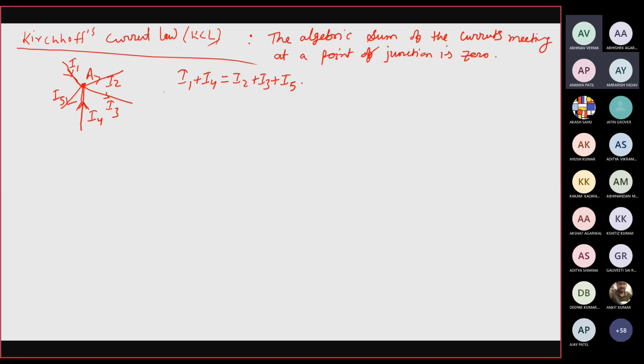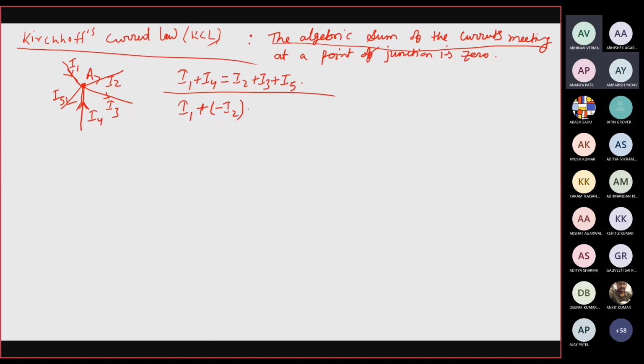Okay. So this is the statement of KCL. Or if you go by this statement, the algebraic sum of the currents at a point or junction is zero, then also you can write it in this way. Suppose this is I1. If we consider the polarity of the current entering the node as positive, then again you will have plus I1, minus I2, because this current is leaving the junction, so obviously it will be minus.